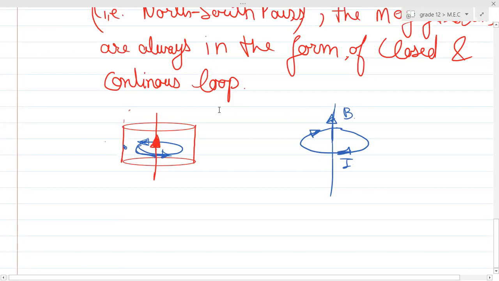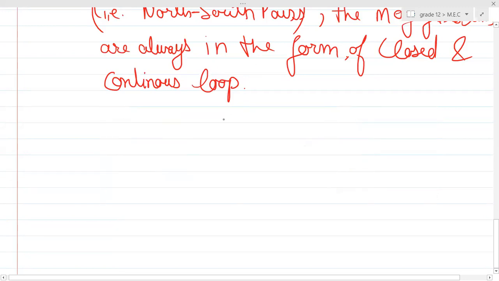No, I won't explain it this way. I'll explain it some other way. Suppose this is a wire, and suppose this thing and that thing will be similar.